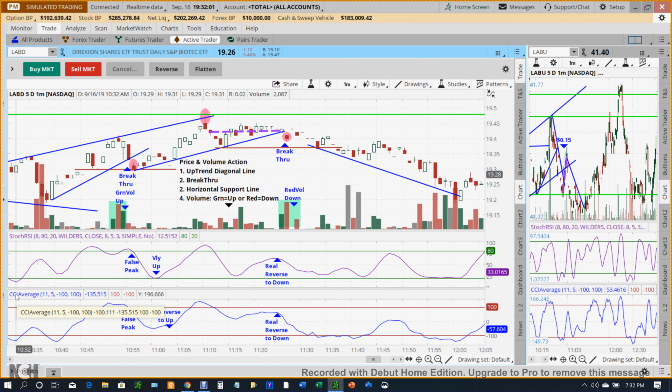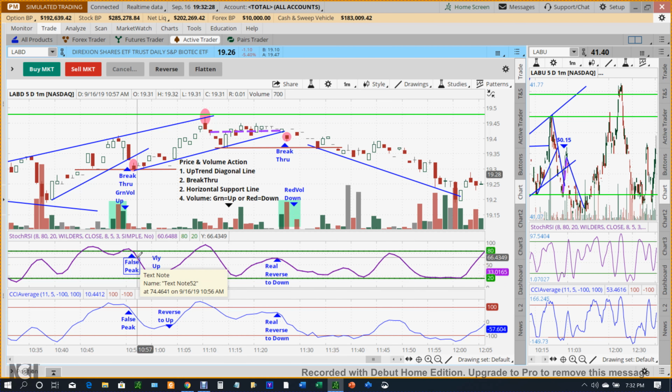You're bound to get sort of a false peak, if you will. So notice that here is the breakthrough, and it hits the horizontal support line, and the Stochastic and the CCI both say that you're at a peak and should be coming down, and so I call this false peak.